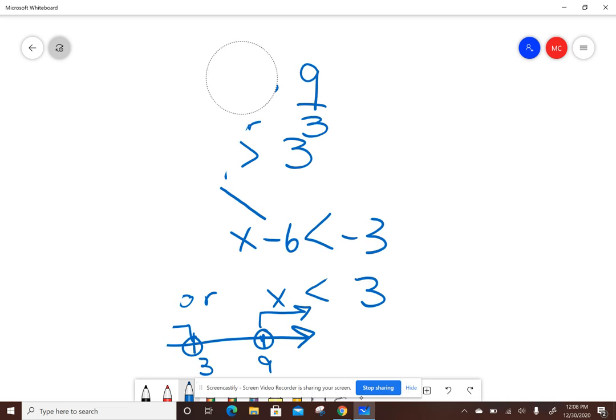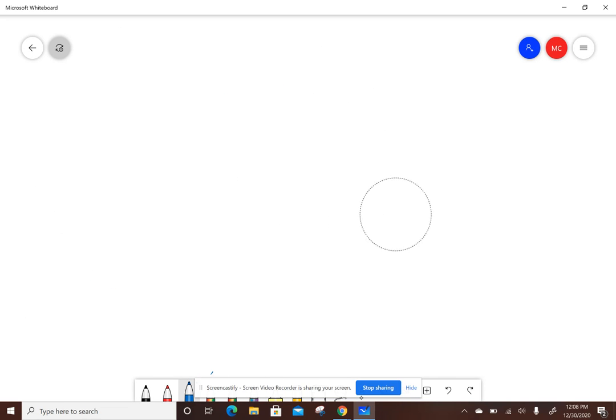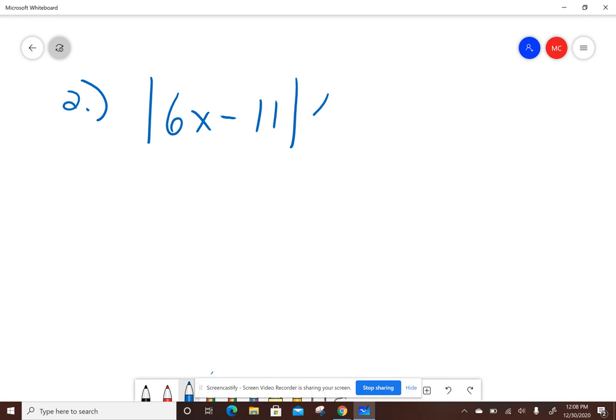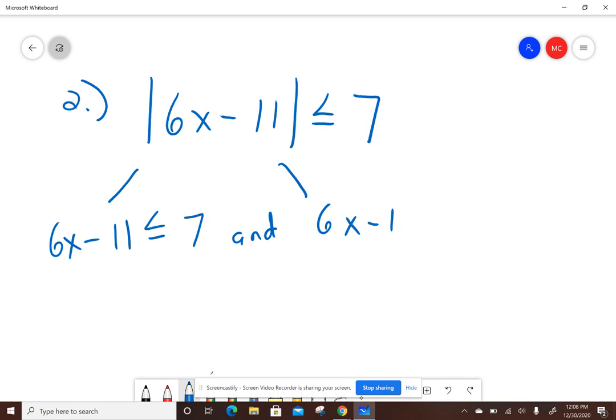Now number 2. The absolute value of 6x minus 11 less than or equal to 7 means 6x minus 11 less than or equal to 7 and greater than or equal to negative 7. Flip the sign, make it negative.